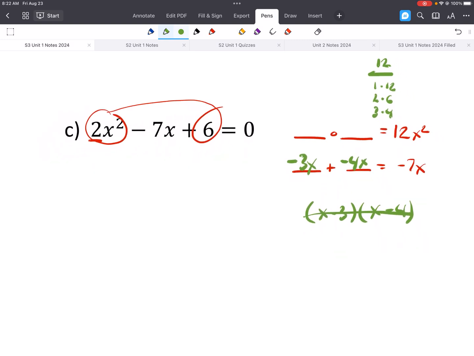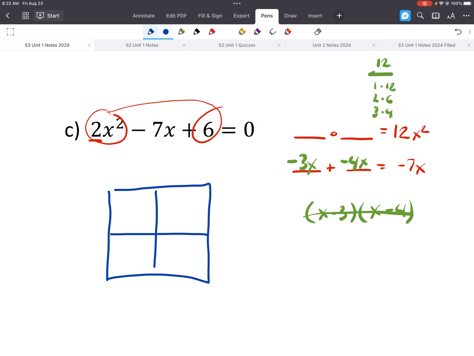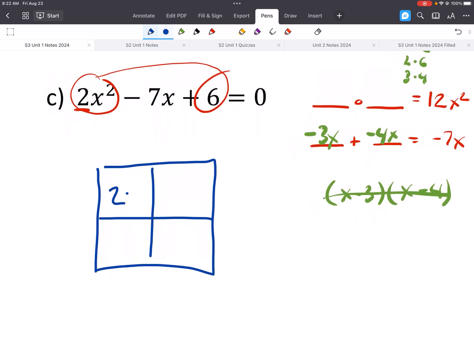factor by grouping. We're going to use a box. Probably did this last time in class. Okay, so again, our first term is our first box, our last term is our last box, and then our puzzle, our factor pair will give us our other one.